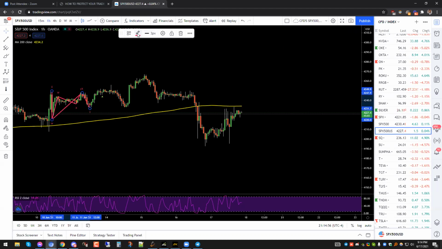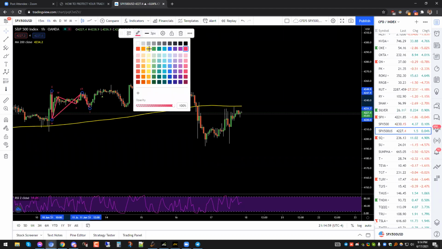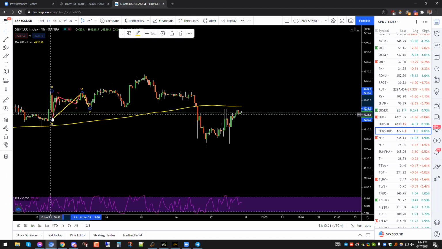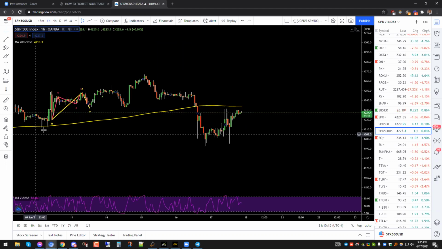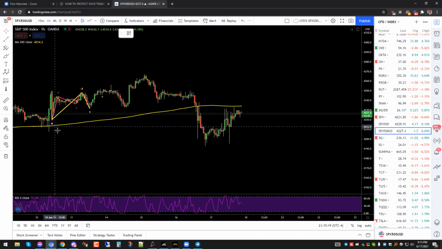Let's change the color on that. Let's use yellow. Okay, so we have 1, 2, 3. So this is more of a completed correction. All right, so that's a completed correction here. Let's see. Let's use measured moves.